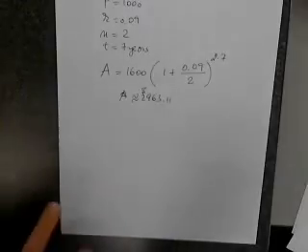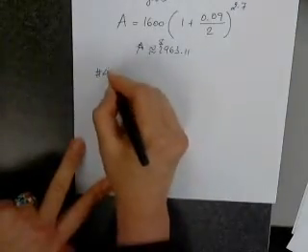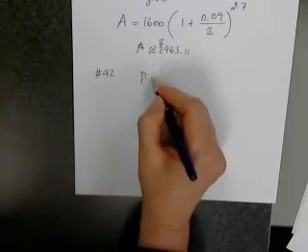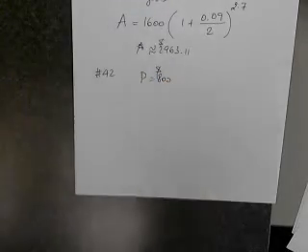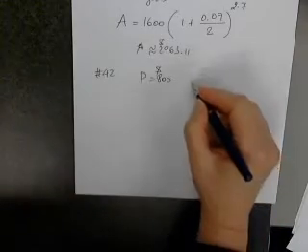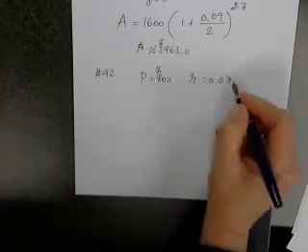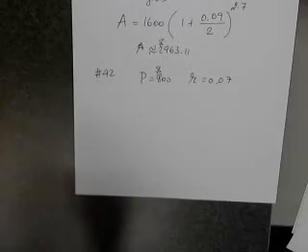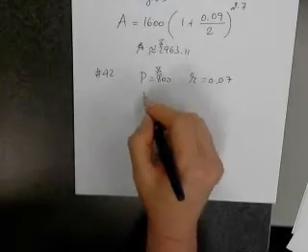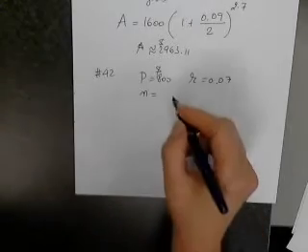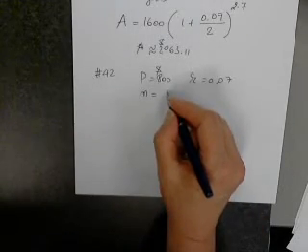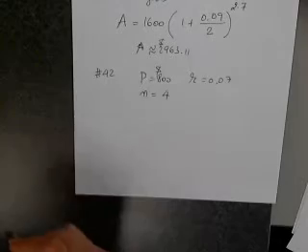Let's also do 42. A total of $800 of principal is invested in a 7% certificate of deposit, so 0.07 for r, for which interest is compounded quarterly. So n means how many quarters are in a year? 4.